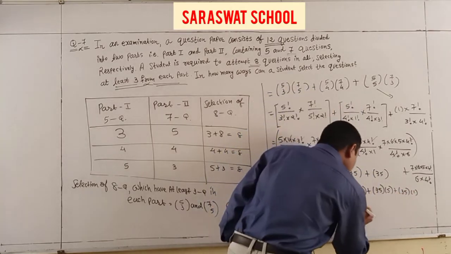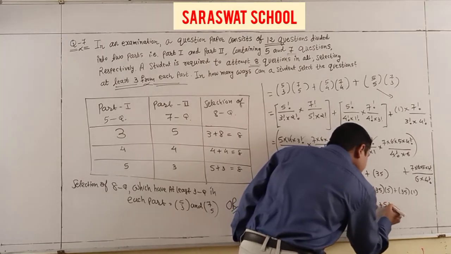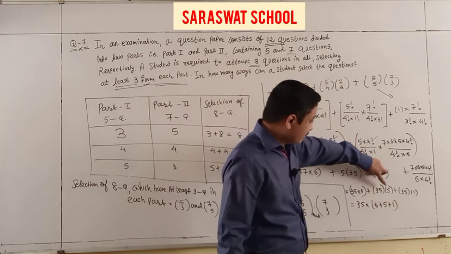Either use a calculator, or take 35 common: 6 plus 5 plus 1.